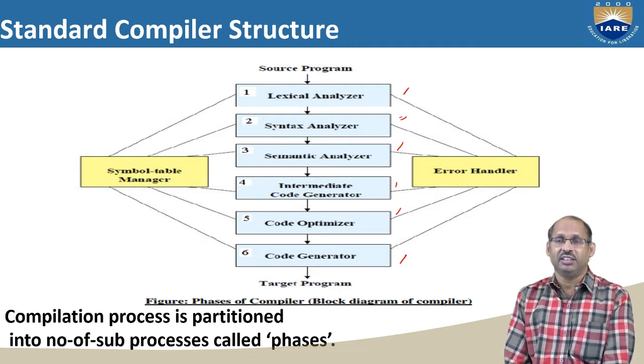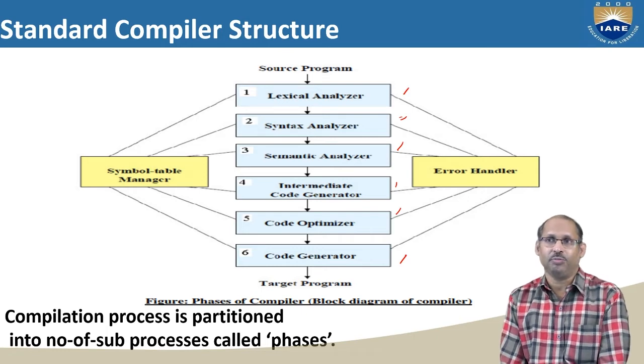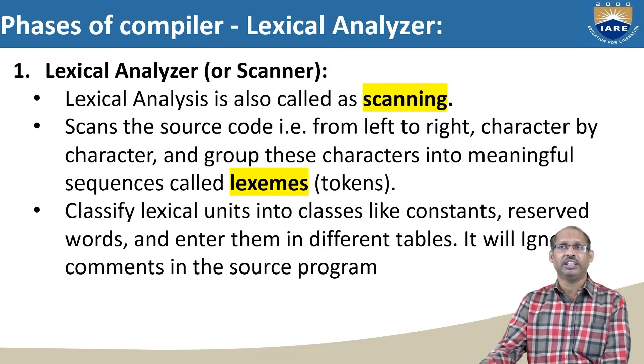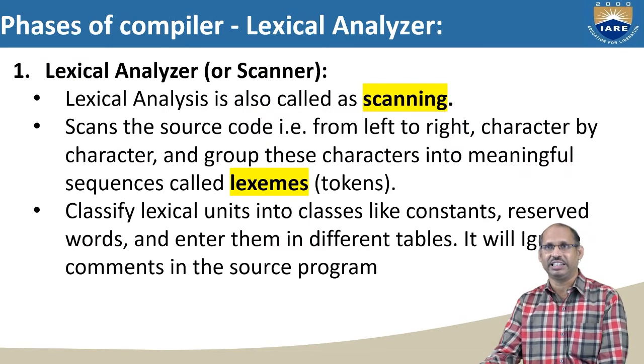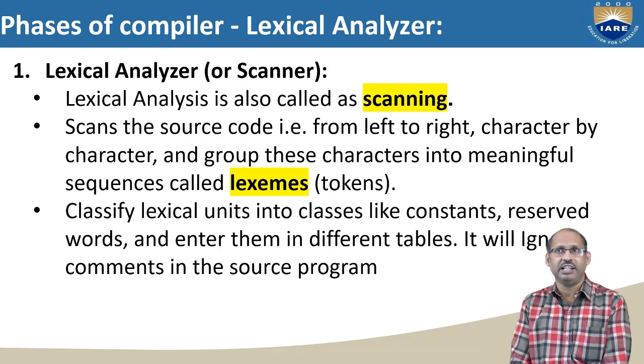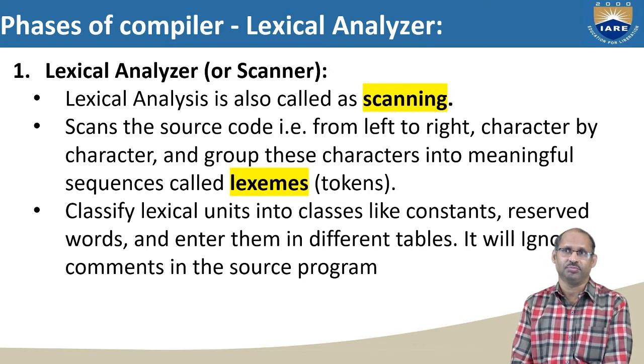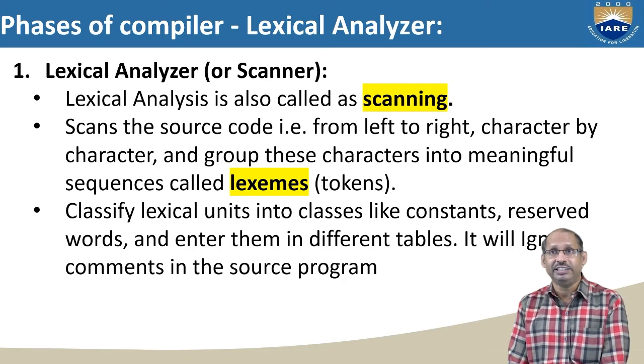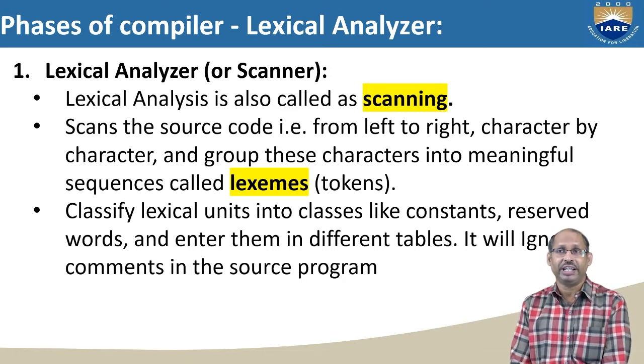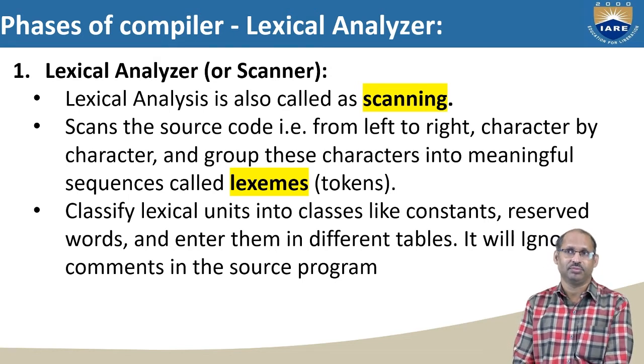So this is the structure block diagram of a compiler, right? So what we discussed, the first one is the lexical analyzer. The lexical analyzer will also be represented as a scanner. It will read the source code from left to right, character by character, and group them into meaningful sequences called lexemes.